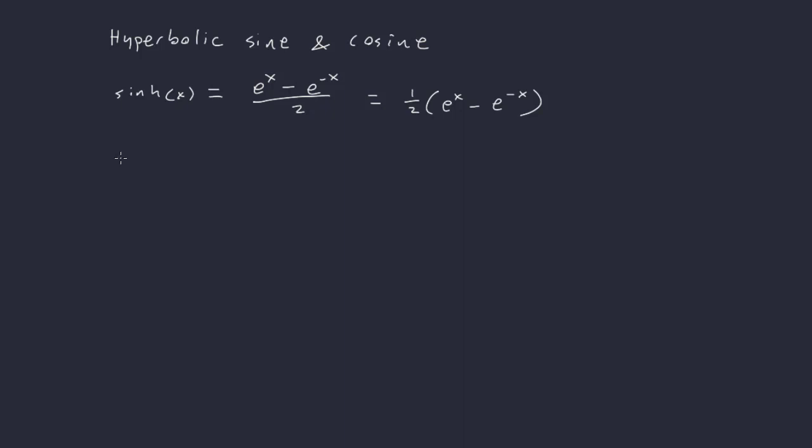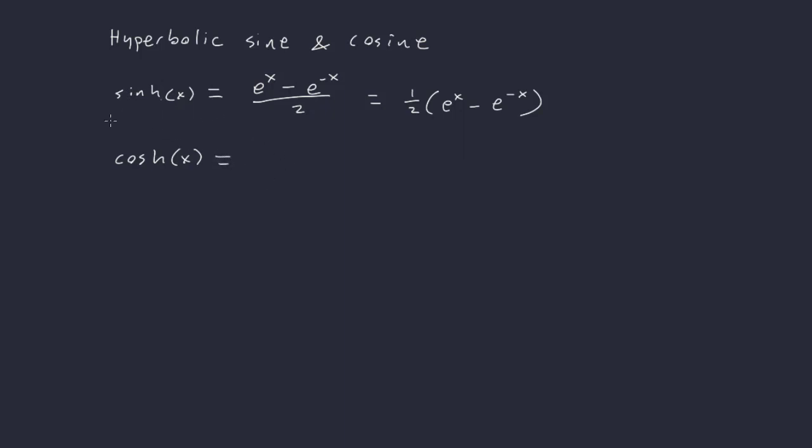Then hyperbolic cosine. Cosine h is often just called cosh, and people often call sine h, or hyperbolic sine, sinh, so cosh and sinh.